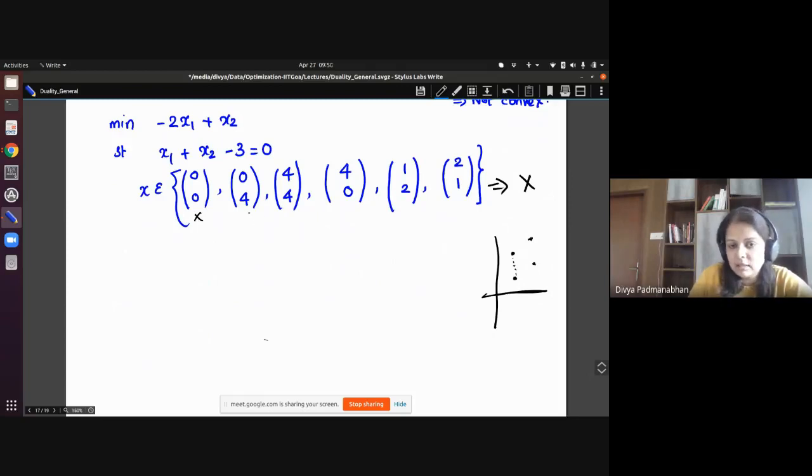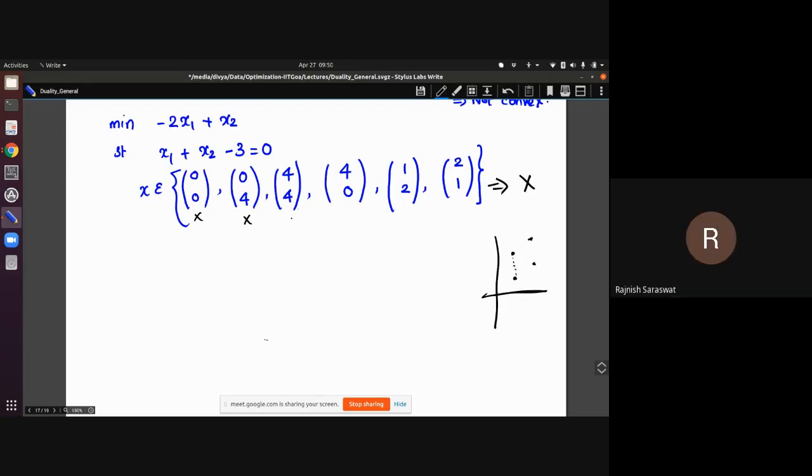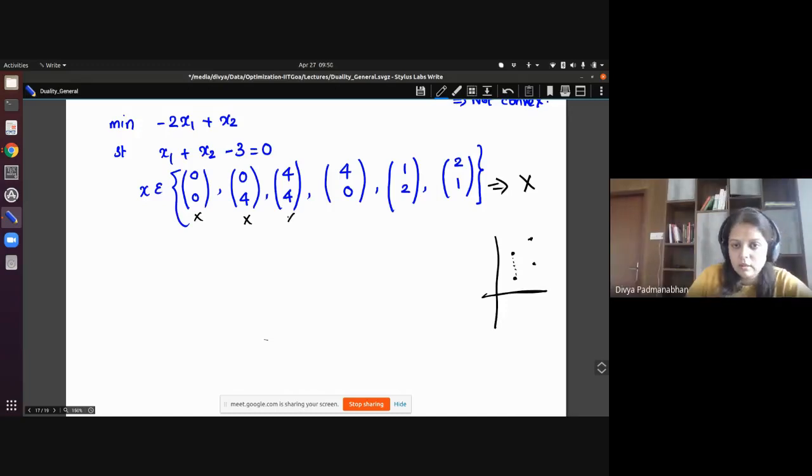And similarly, this one is not going to satisfy this constraint. So 4 minus 3, that's 1. It's not going to satisfy. So is this going to satisfy 4, 4? No, right? So this is also not going to satisfy. What about 4, 0? No. This is not going to satisfy. And the only values are 1, 2, and 2, 1. So these are the only 2 points which satisfy this constraint.